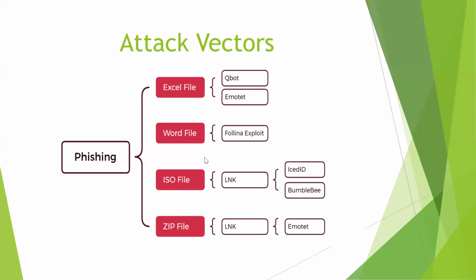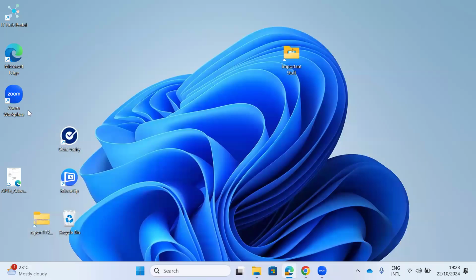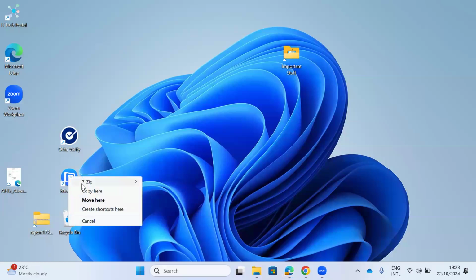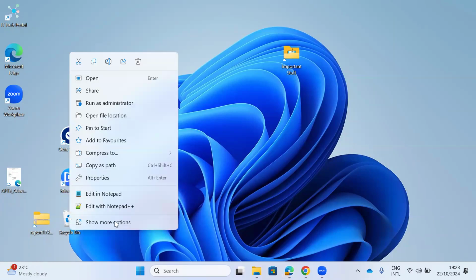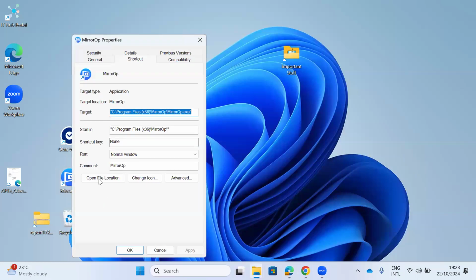And just to illustrate what an LNK file is, for those who might not understand. If you go to any application on your desktop, let's say it's MirrorOp, I am using MirrorOp as an example here, and you look at the properties of this particular file, you're going to see that this target, this .exe binary, is a path.